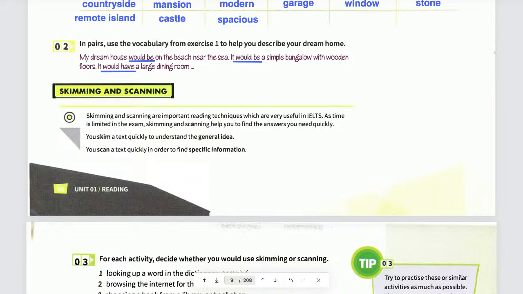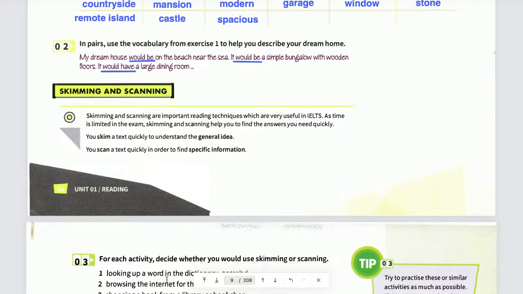No. Huy, help us to understand the differences between skimming and scanning. Skimming means you read fast to understand the main idea, and scanning means you read slow to find information. It's wrong.